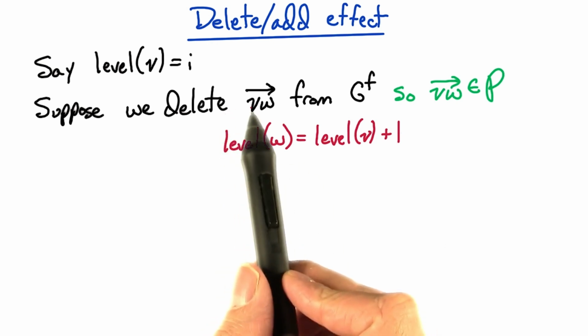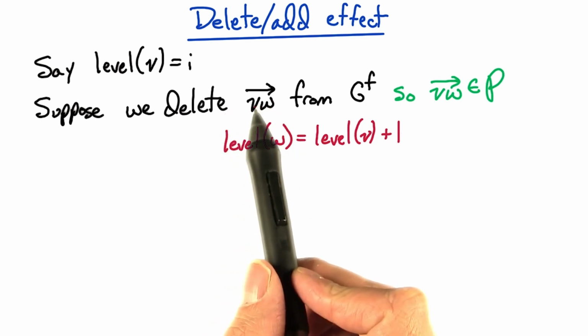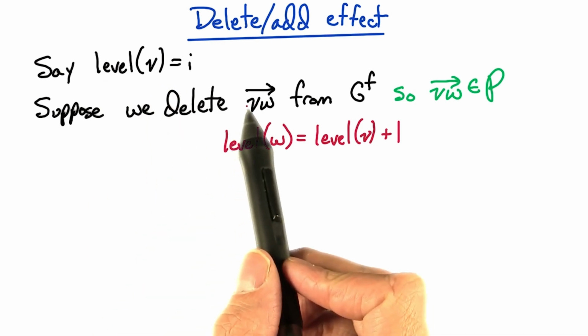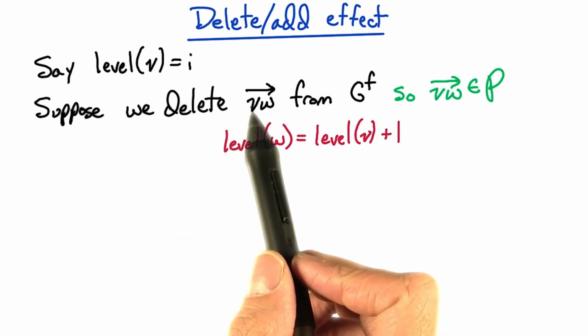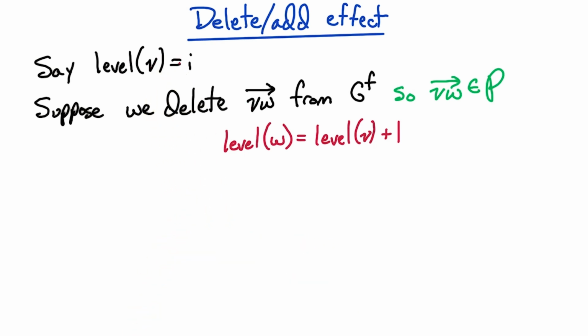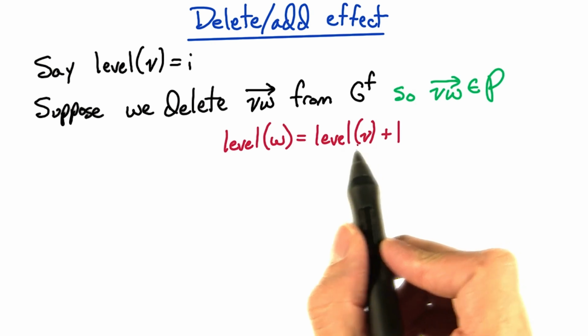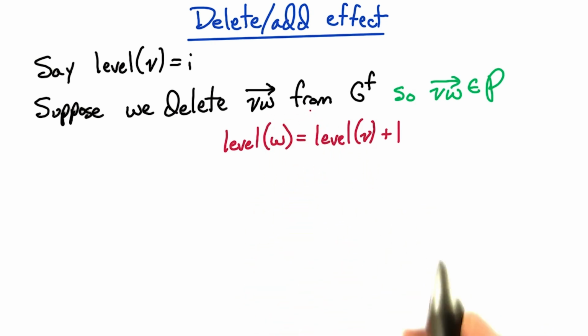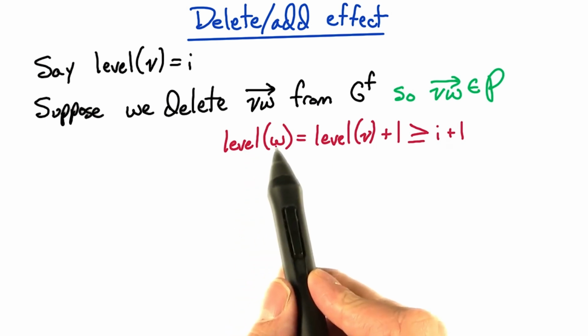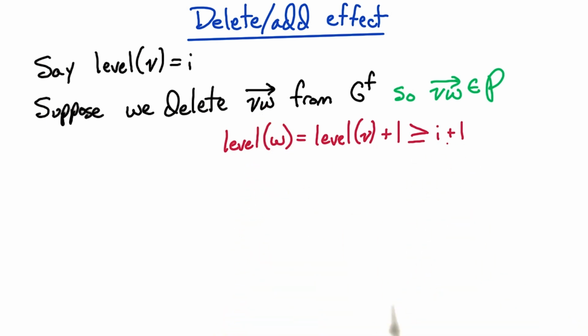Now, at the time that we deleted this edge, the level of vertex V might have changed from the earlier time, so it might not be level I anymore. But we just proved that the level of vertex V never decreases. So the level of vertex V at this current time must be at least I, so the level of vertex W at this time is at least I plus 1.